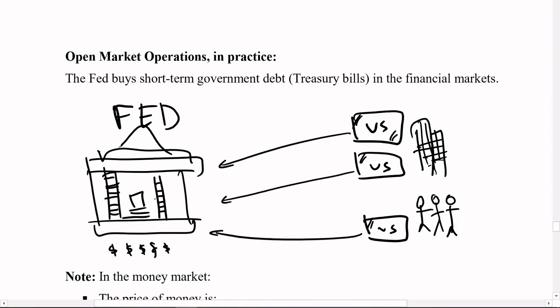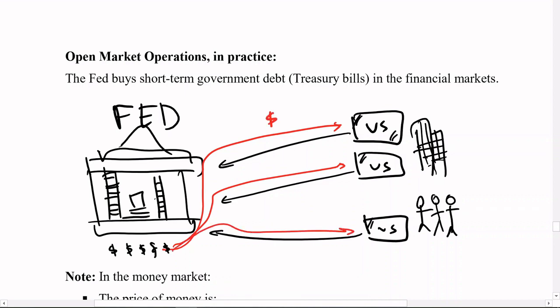The Fed's assets increase, and ultimately the Fed is paying for it with dollars, and so money is going out into the public to investment banks, regular commercial banks, individual investors.